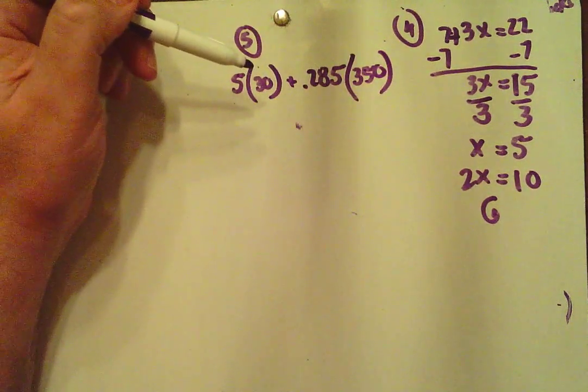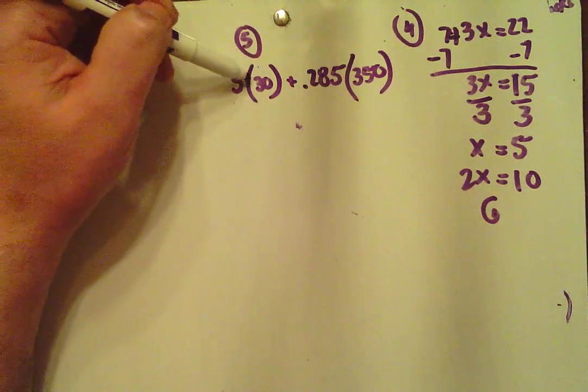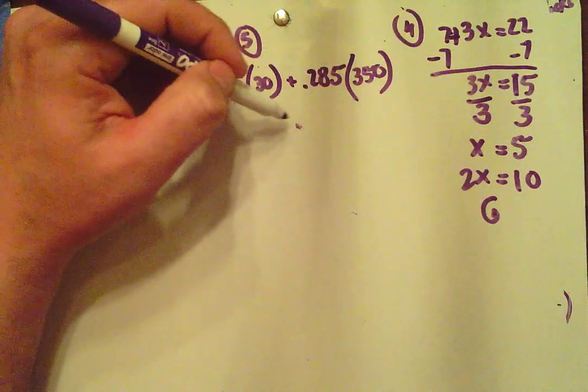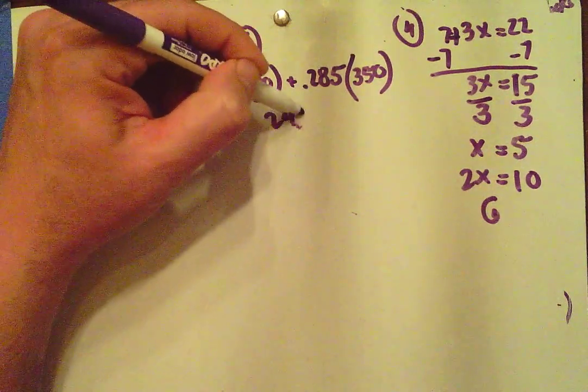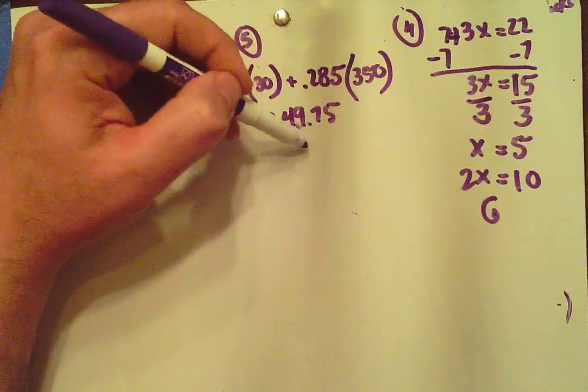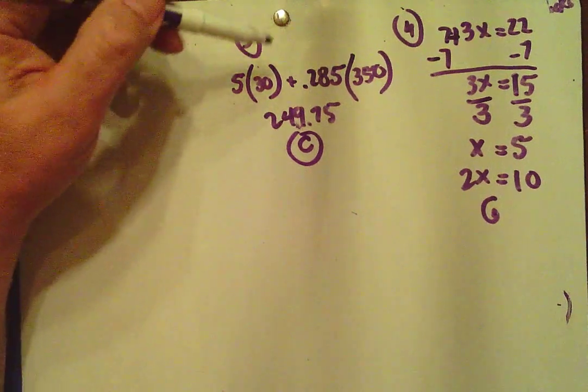That's the expression I'm going to use, and when I pull out my calculator and multiply, I get 150 plus this number, and the total then is 249.75, which is choice C as my answer there.